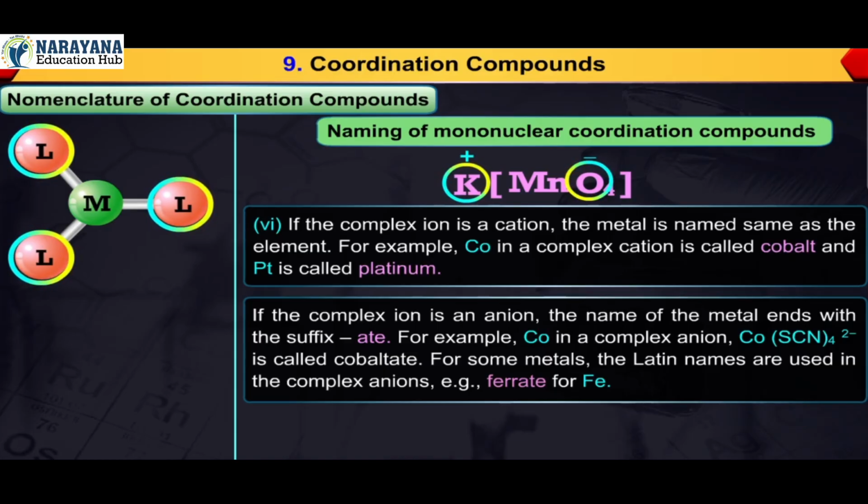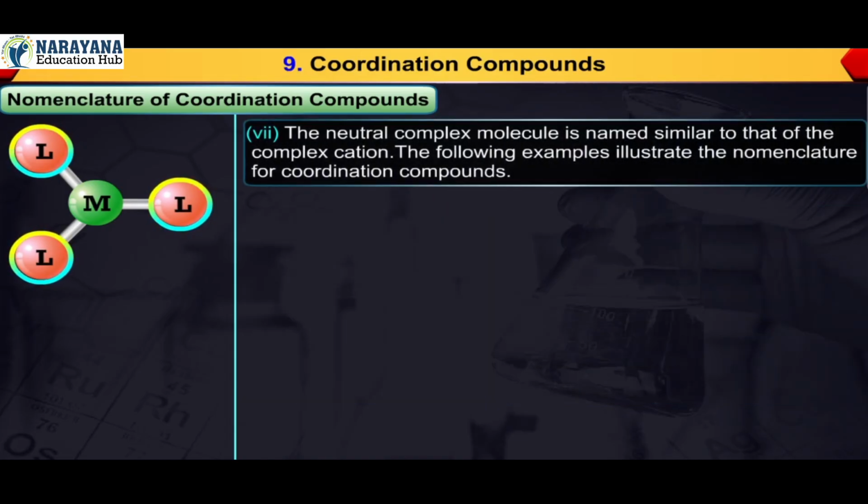For some metals, the Latin names are used in the complex anions. For example, ferrate for Fe. 7. The neutral complex molecule is named similar to that of the complex cation. The following examples illustrate the nomenclature for coordination compounds.